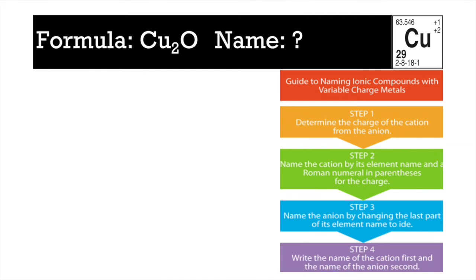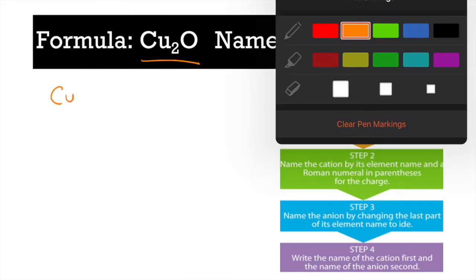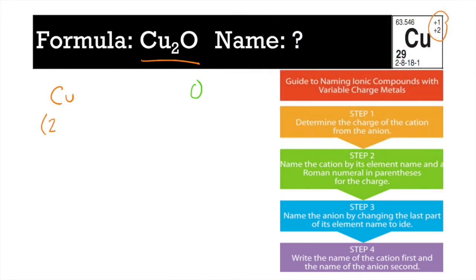Okay, so let's try this one. Let's see if you guys can do this more on your own. So again, we have Cu2O. We have to figure out which copper option that we're using. So again, I'll help start you off. We have Cu and we have O. And so we have two coppers.